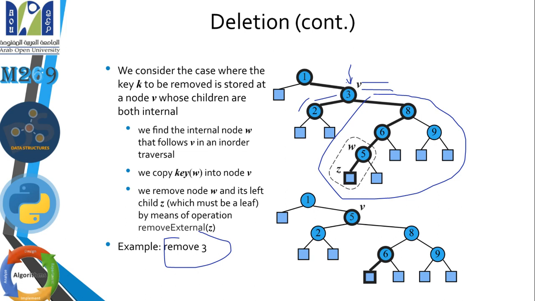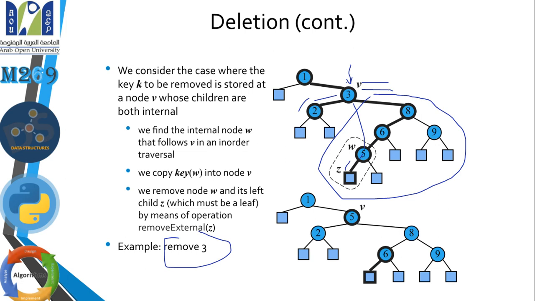Correct? So what is the node or the key which has the value that follows 3 directly? We don't have 4. Yes, the number closest to 3, which is 5. Exactly. So what we do is replace the 3 with the 5. But we delete the 5 and its left child.